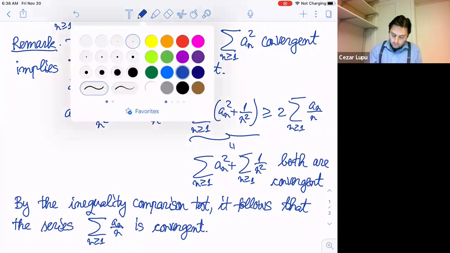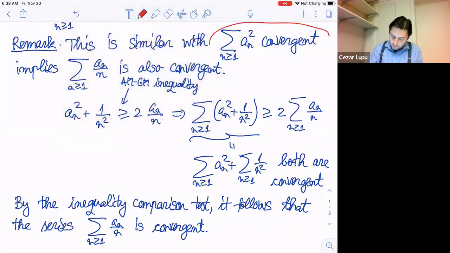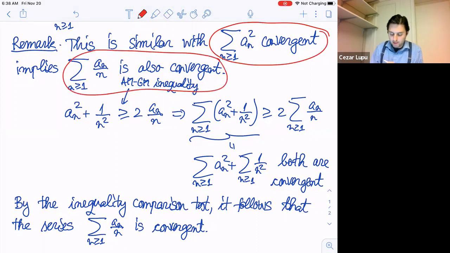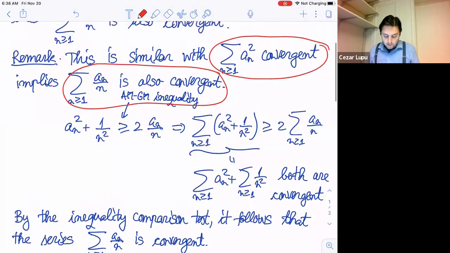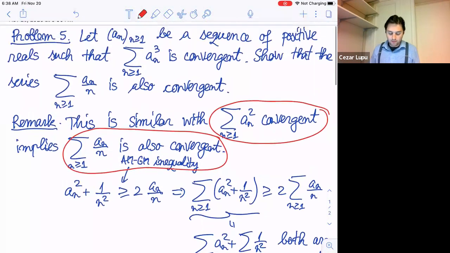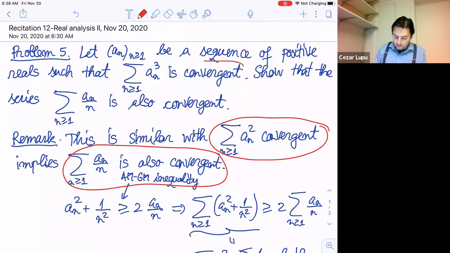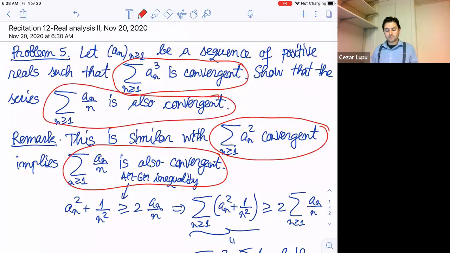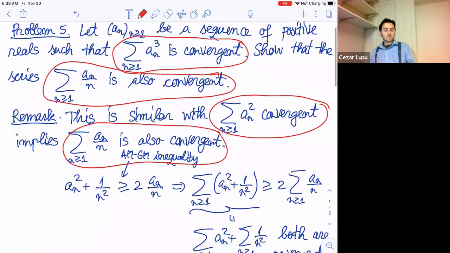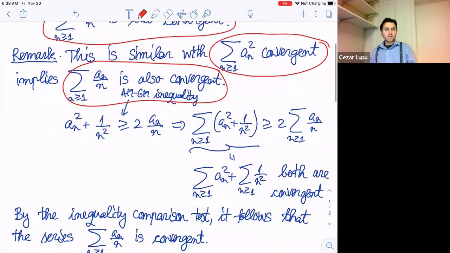So that was the story for that problem. When that series converges, it also implies that this one converges. But now in our situation, we have the fact that the series of a_n cubed is convergent, and we want to show that this one is convergent. So maybe we would like to use a similar approach.